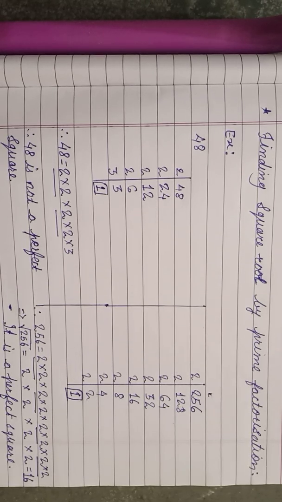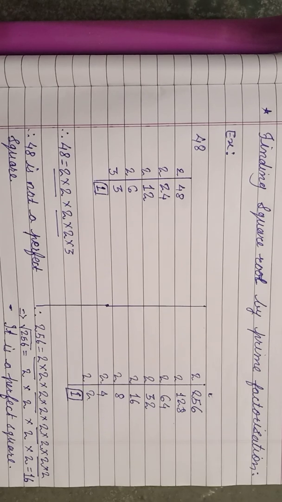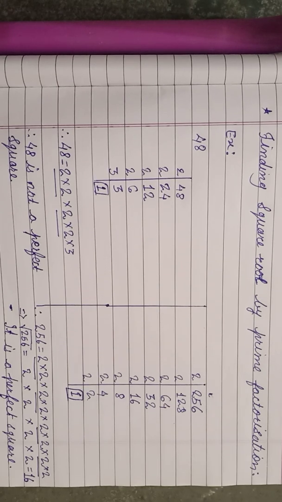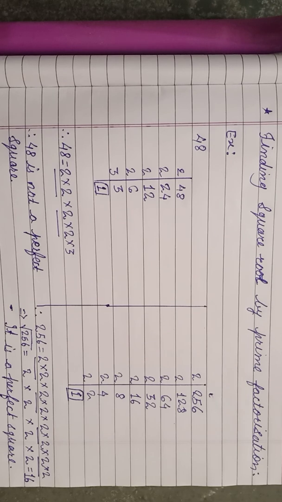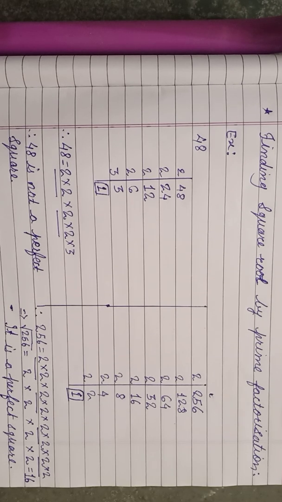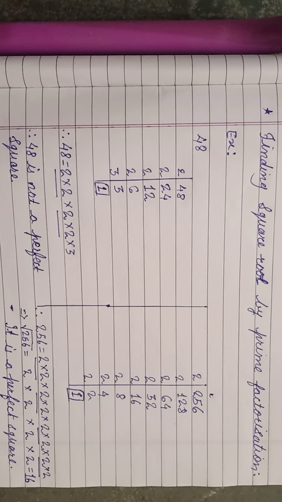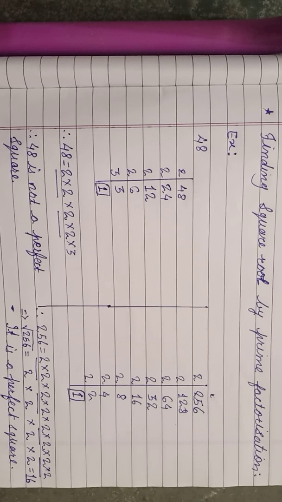Here you can observe 2 is in a pair, but there is no pair for 3. As we are finding squares and square roots in this lesson, please remember, whenever we find the square root by prime factorization, we should have all the factors in terms of pairs. Are you getting it, children?